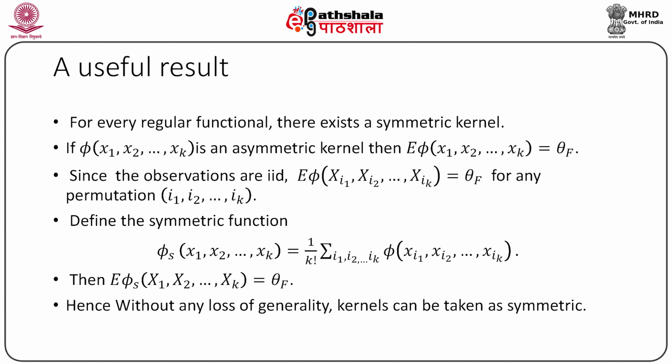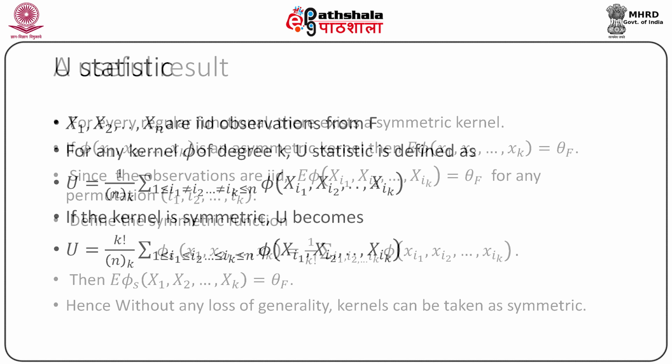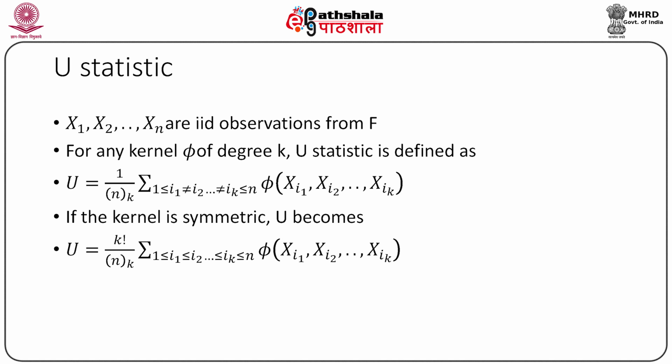For each permutation, evaluate the kernel. Then the average of these values will also be a kernel with symmetry. Therefore, without any loss of generality, kernels can be taken as symmetric. Now, we shall consider the concept of a U-statistic.